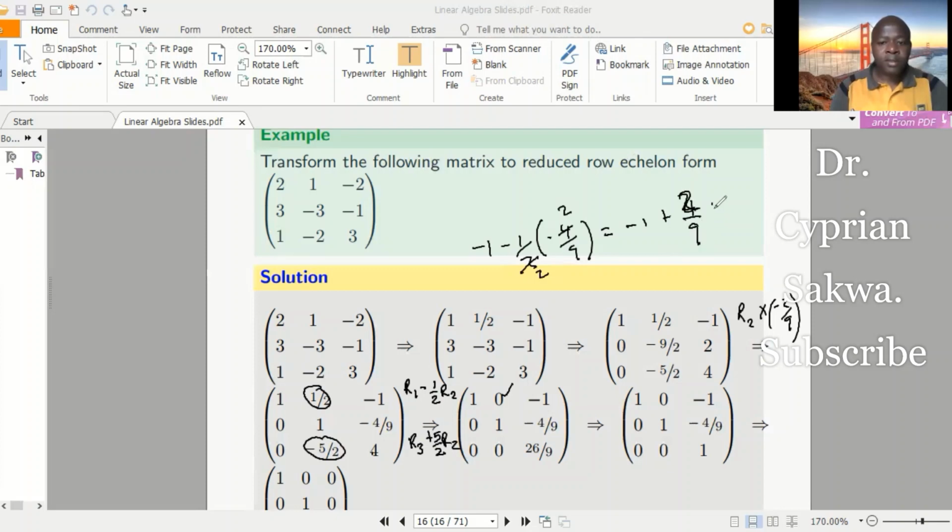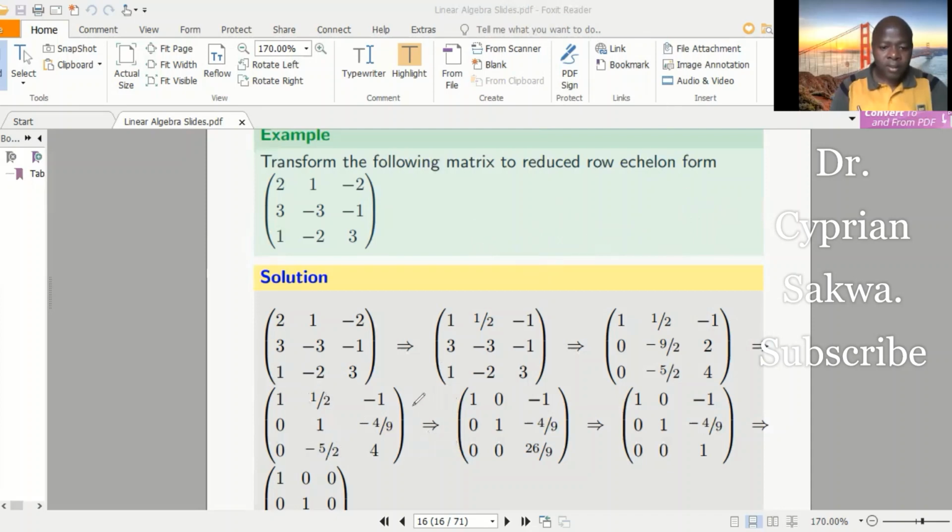Let me erase this so that it's clear. I want to get a 0 in this position. I've said I multiply this by half and subtract from this.